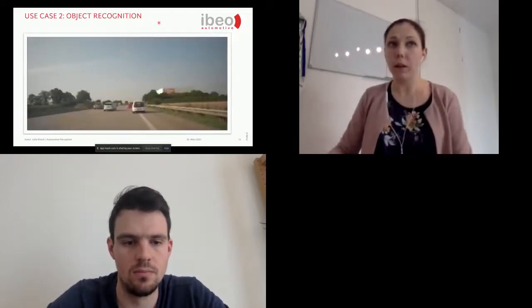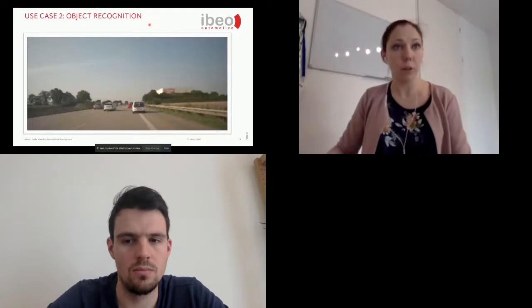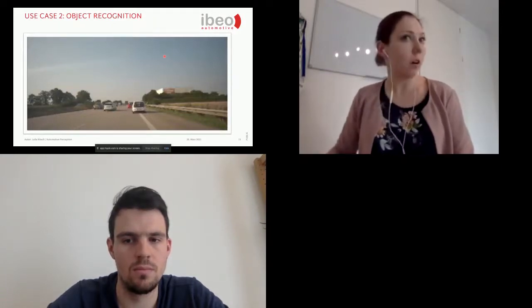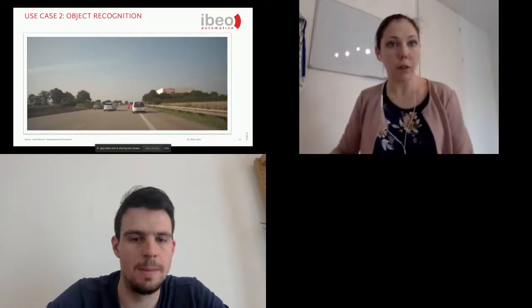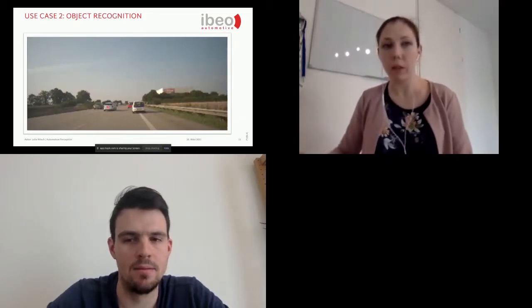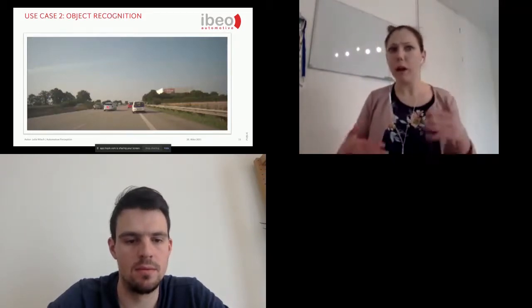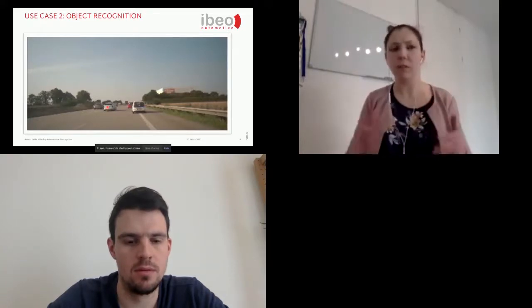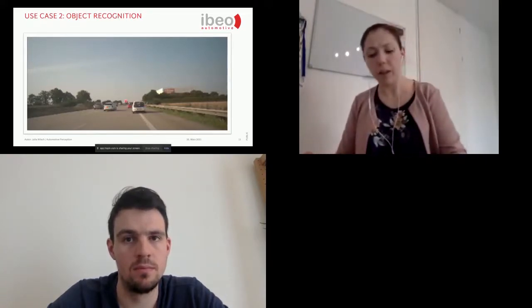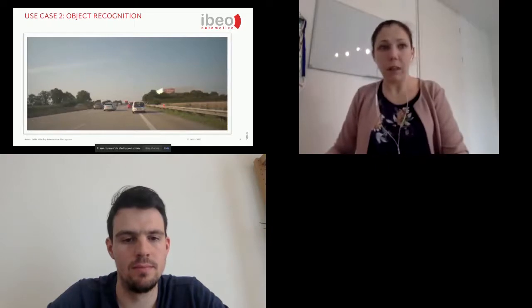The other kind of obvious use case is object recognition. So obviously, we also want to recognize objects. As shown here, we have cars, which we definitely want to detect because we want to have an anticipatory driving style and we definitely don't want to crash into them. And again, this RGB image is just for the visualization.